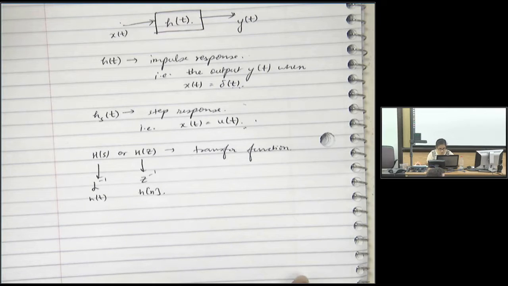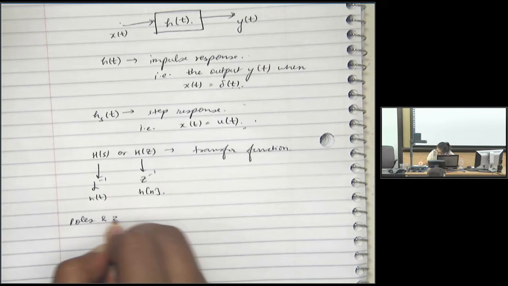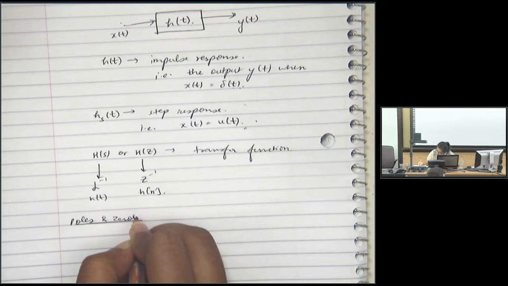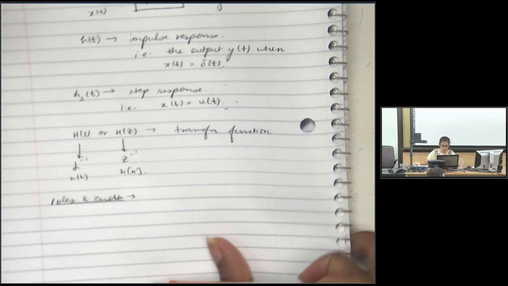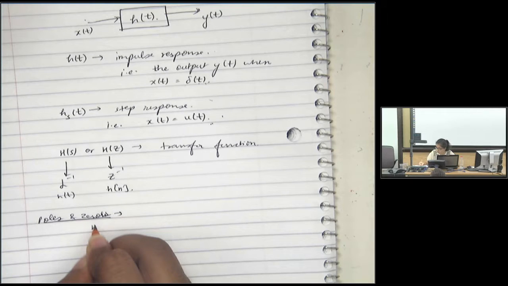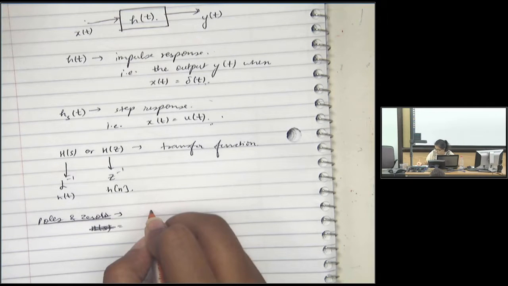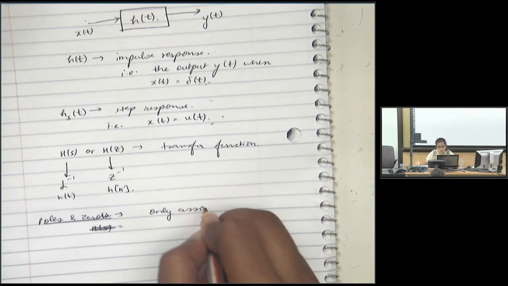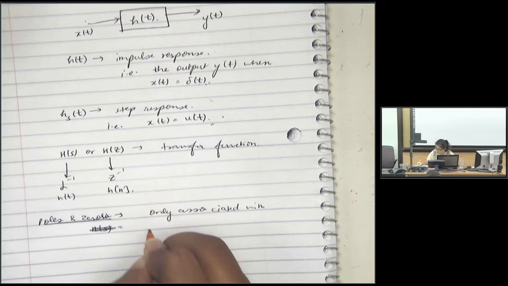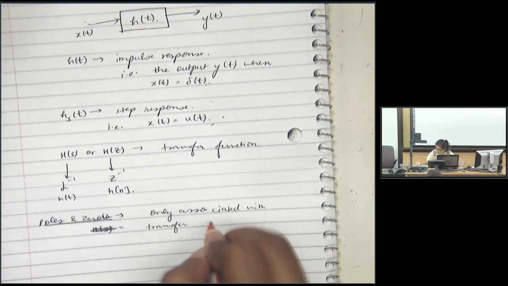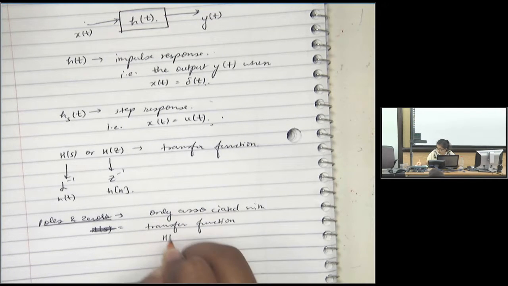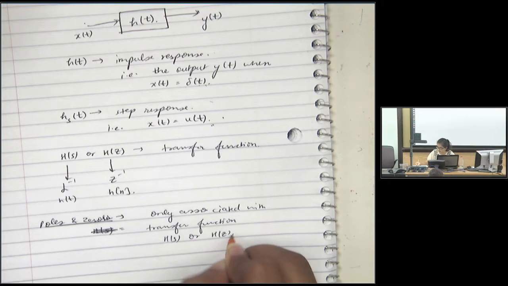Another thing that I wanted to cover was poles and zeros. Poles and zeros are only associated with your transfer function, h of s or h of z.